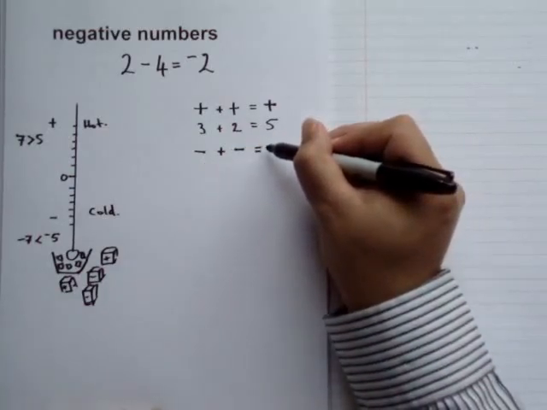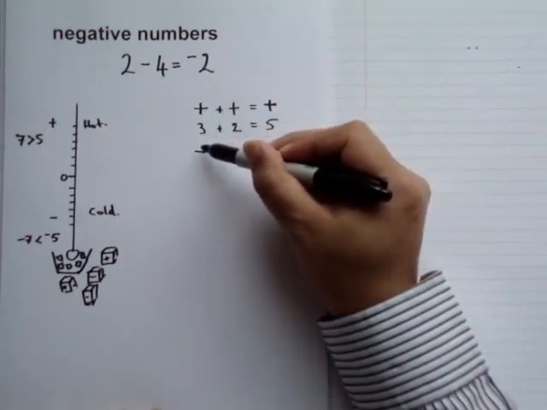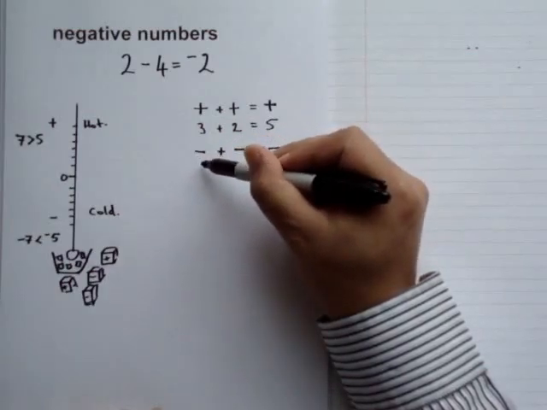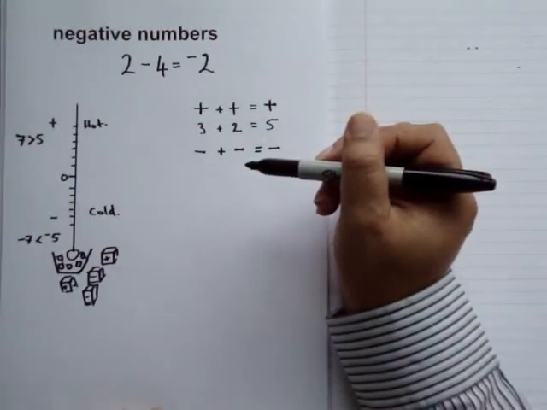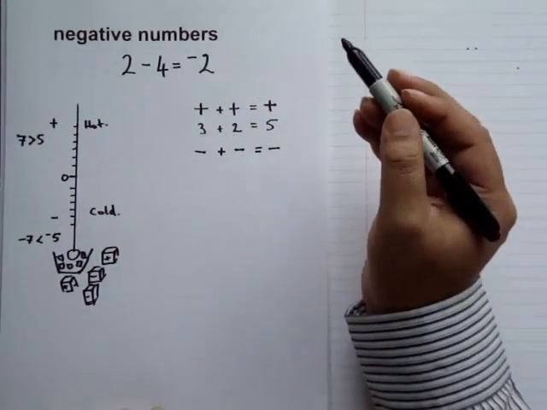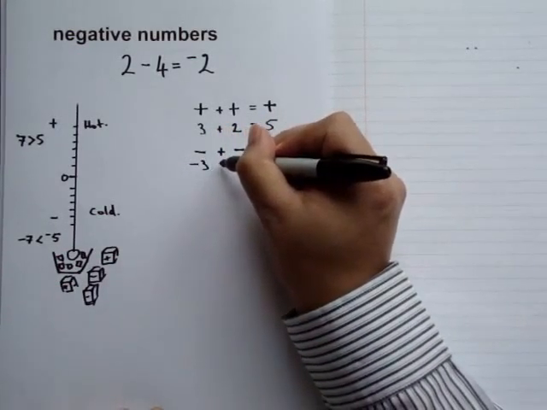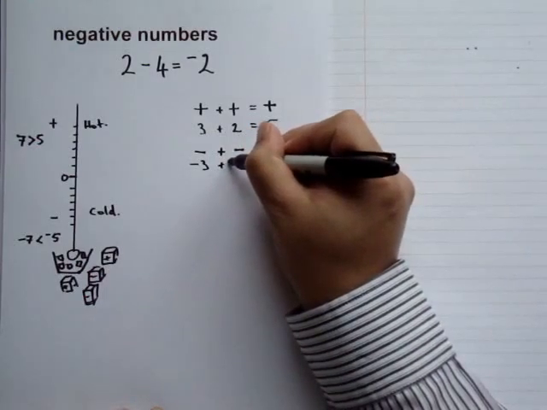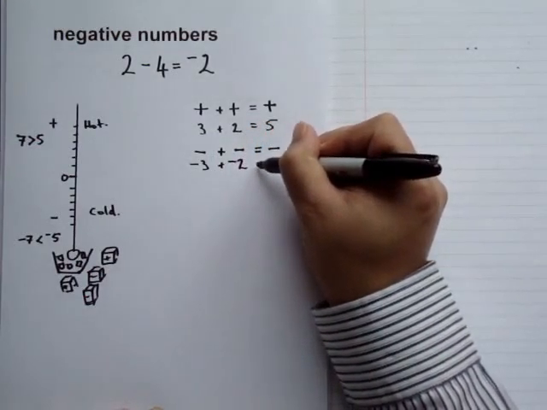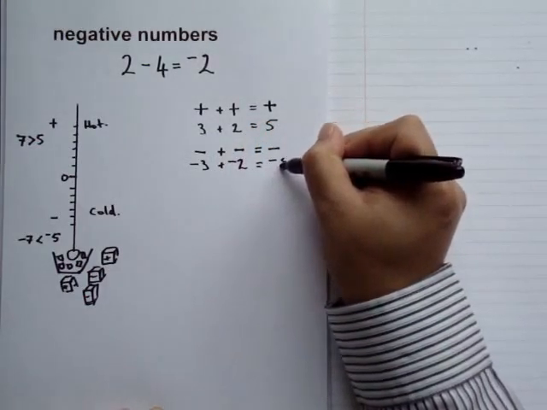And usually the negative is larger in magnitude than both these individual negatives. So say that was a negative 3 and a negative 2, we'd end up with a negative 5.